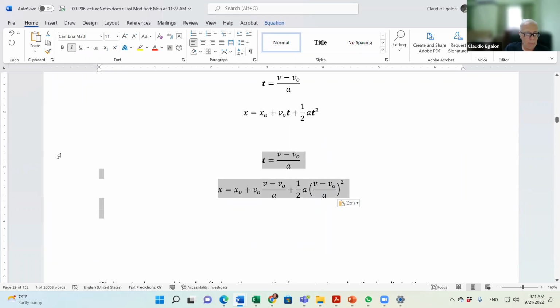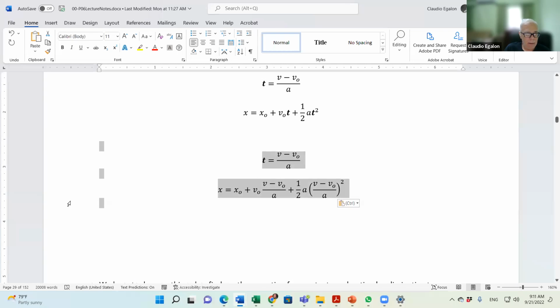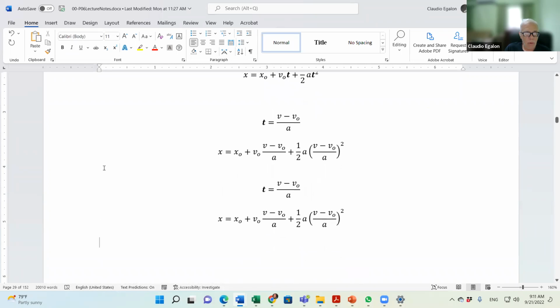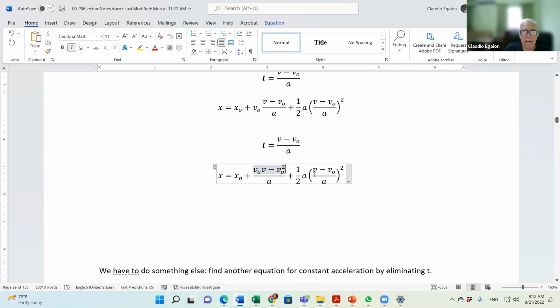And I'm just going to repeat the t that you have in there, so I keep track. Okay, and then I'm going to expand this equation. V naught is going to multiply V. The V naught here is going to be squared, right? And then I'm going to expand this term as well. It's going to be something like that.